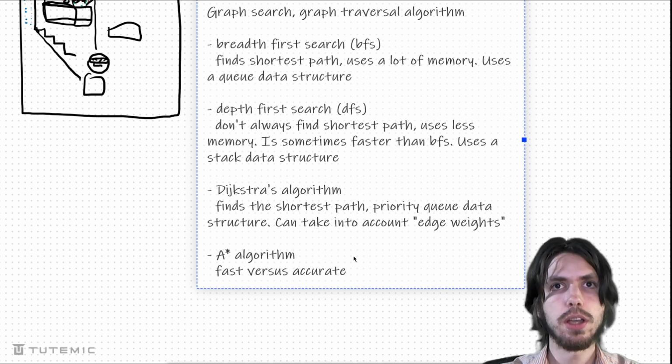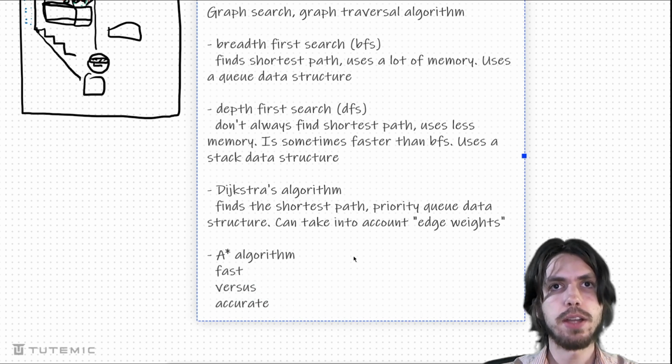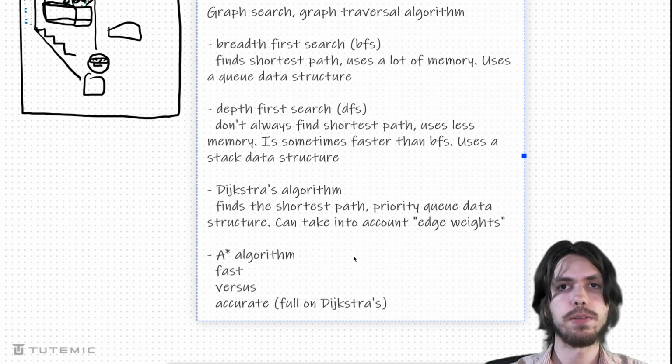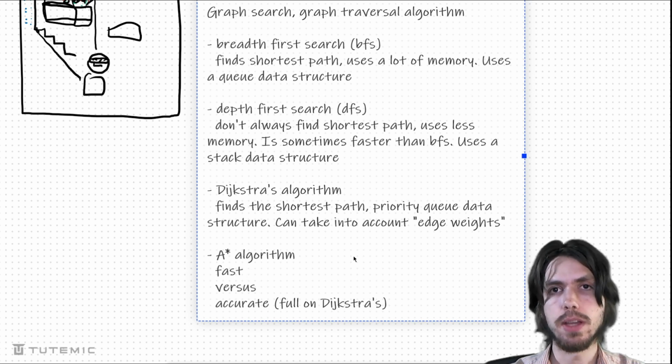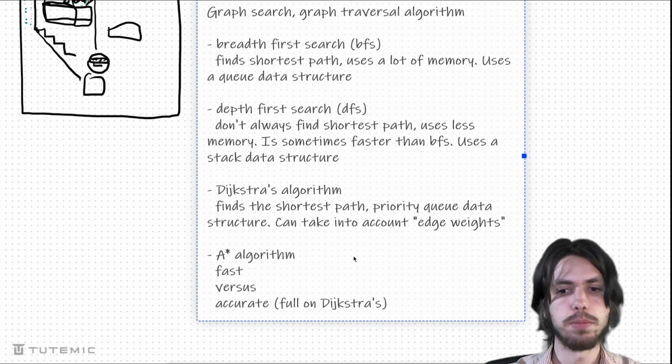So when I say accurate, I mean full on Dijkstra. And your A star algorithm can be full on Dijkstra. It can be totally accurate, find the shortest path. But you have the ability to choose fast, as in it'll find the solution more quickly, uses less processing power.